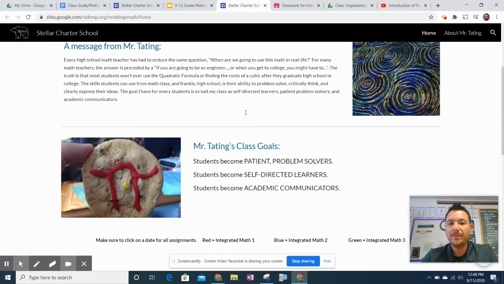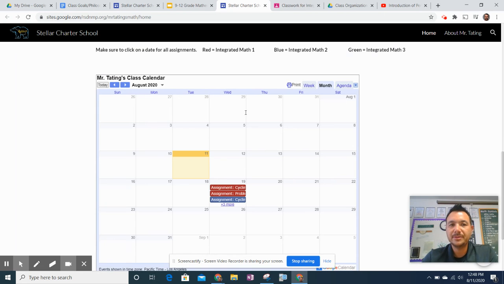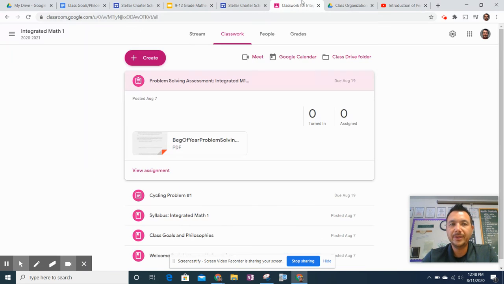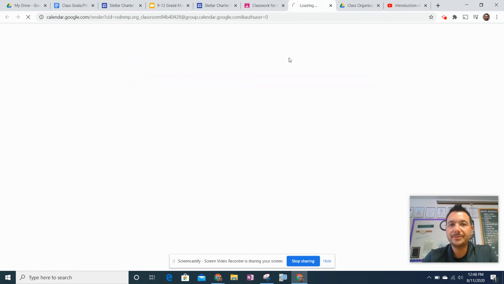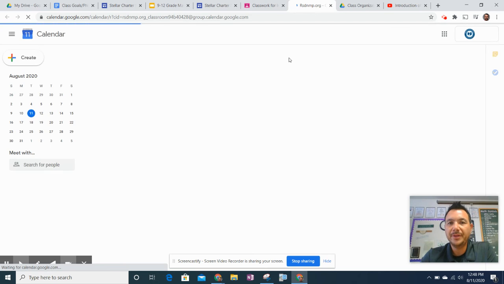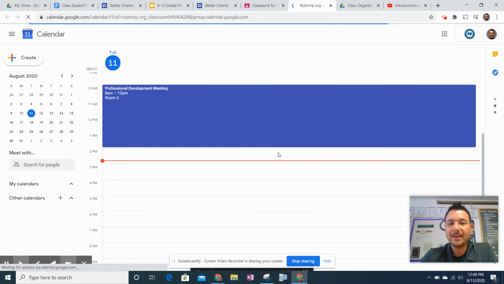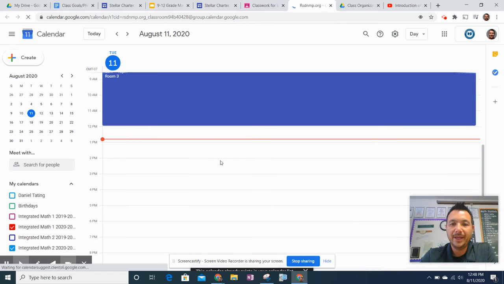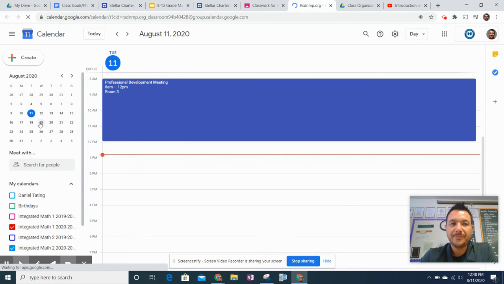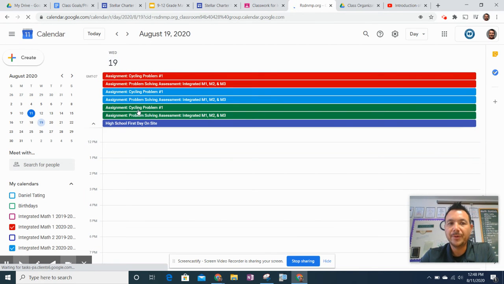Okay, also both on the home website and in Google Classroom is our class calendar. Now, if you access it through the Google Classroom, the calendar that will pop up will be only for that class. So I just use the calendar link here, and you'll see things only for that class.